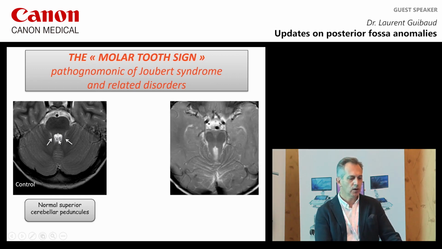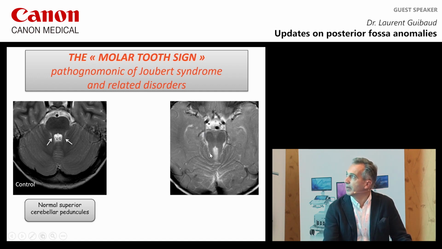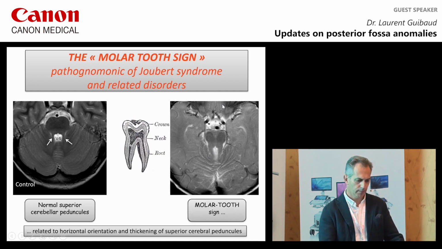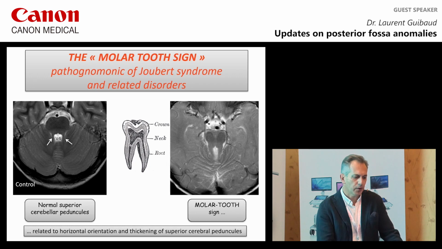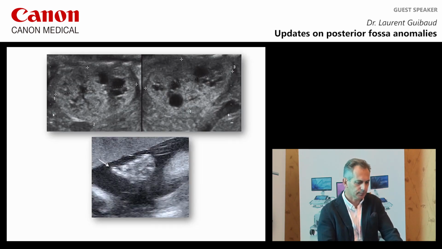And look here, you have thickening and elongation of the peduncles, and you have the fourth ventricle here. So you have a typical molar tooth sign, which is pathognomonic of this disease.